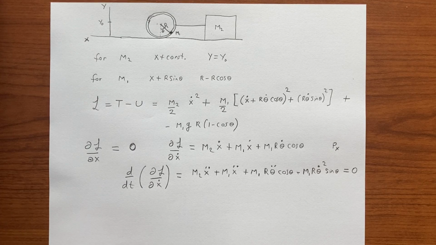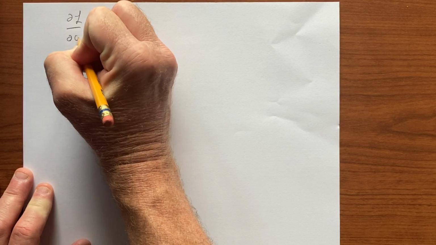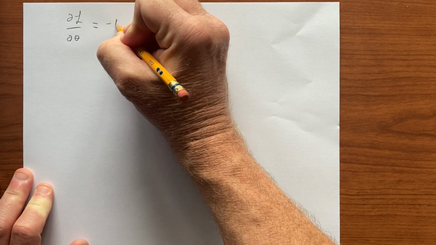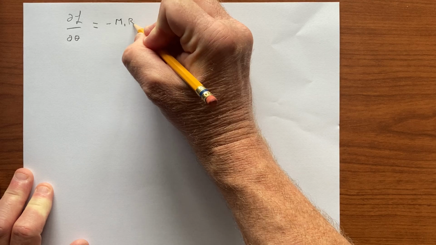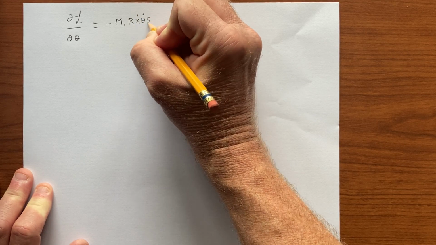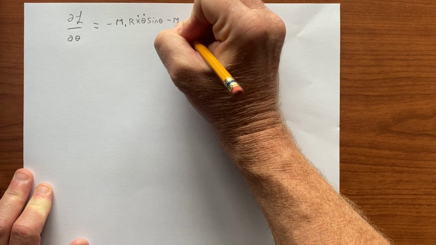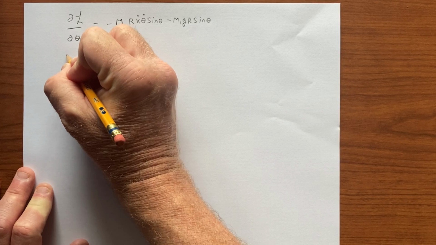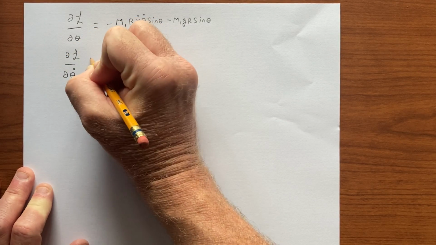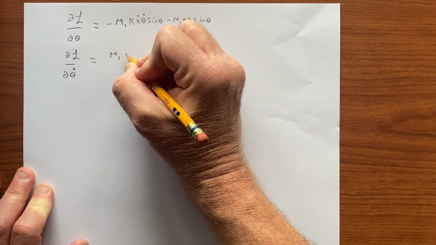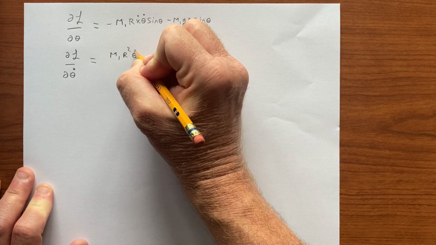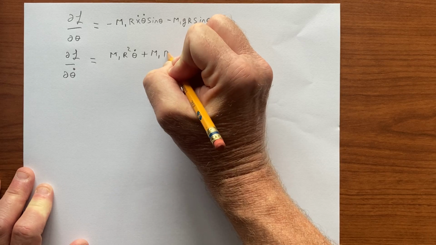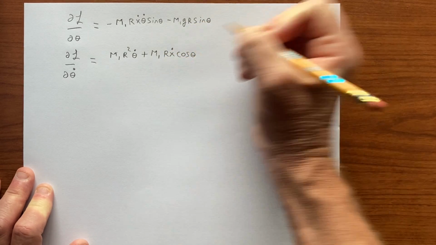So now we have the other coordinate to deal with, so we are dealing with dL by d theta, and that is minus m1 r x dot theta dot sine of theta minus m1 g r sine of theta, and the dL by d theta dot is m1 r squared theta dot plus m1 r x dot cosine of theta.